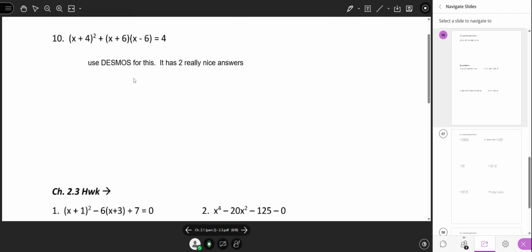It has two really, really nice answers. So go ahead and use Desmos for number 10. And that, my dear students, is the end of chapter 2.2.